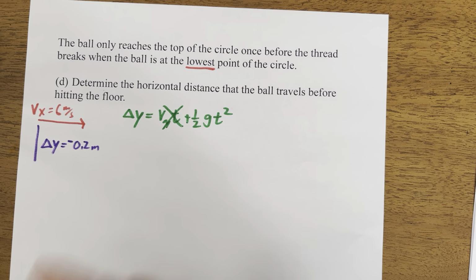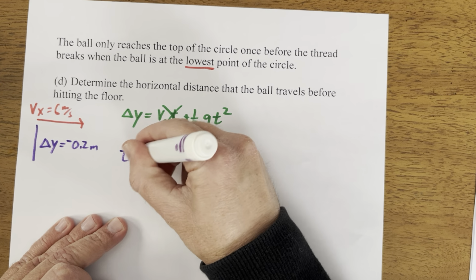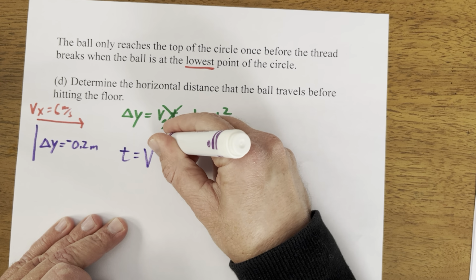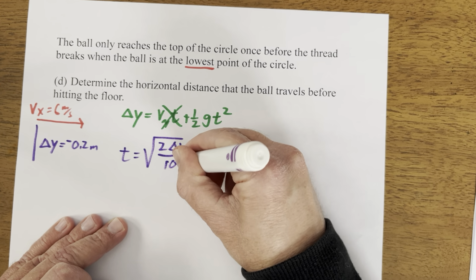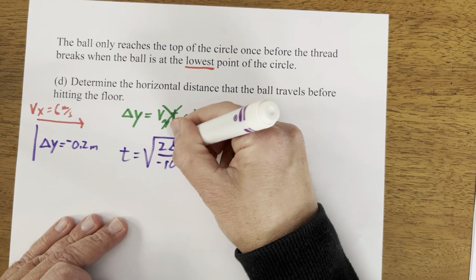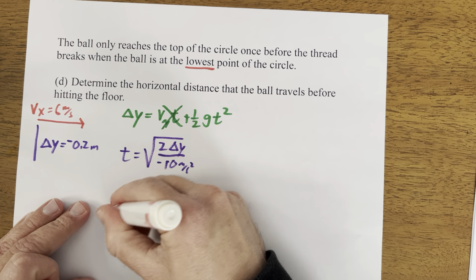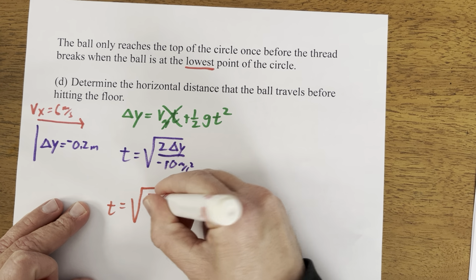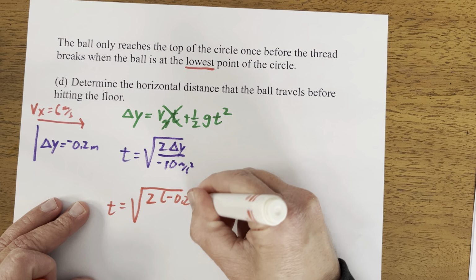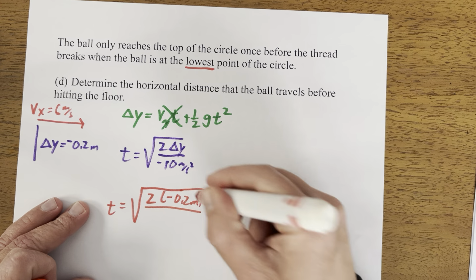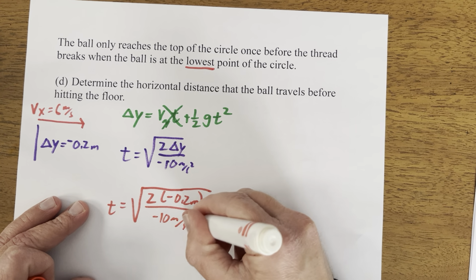And so now we get to solving for t, and we've done this a bunch before, where t is equal to the square root of 2 times delta y over g. Plugging in, 2 times delta y, which is negative 0.2 meters, over negative 10 meters per second squared.